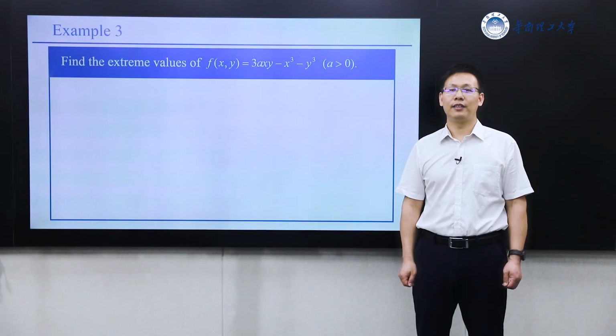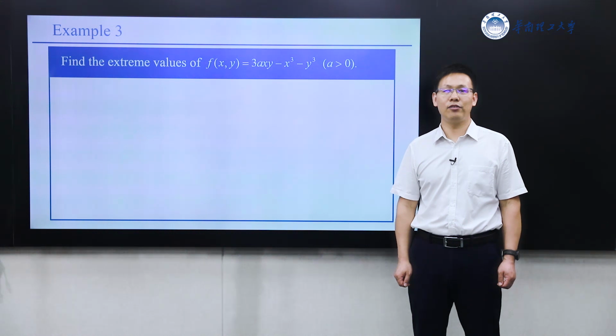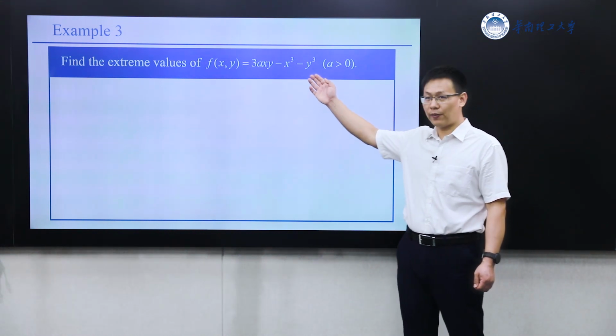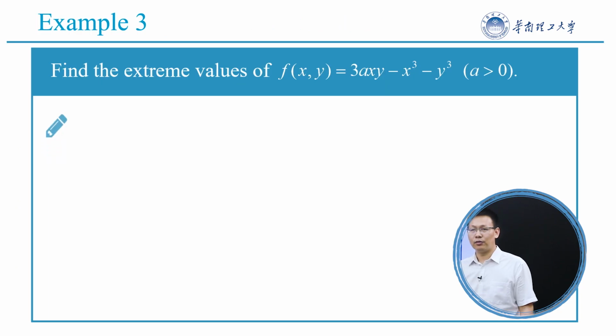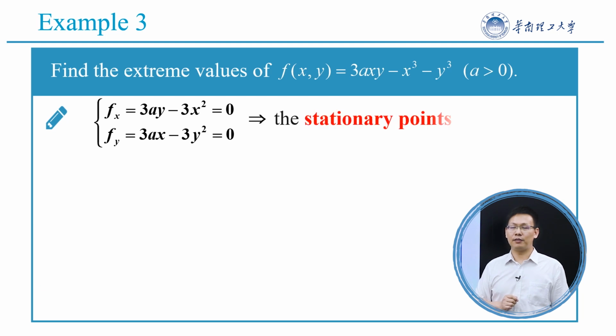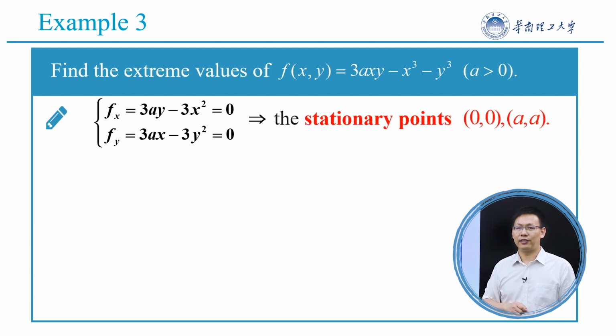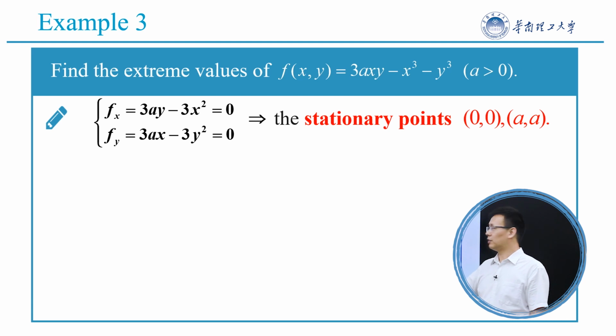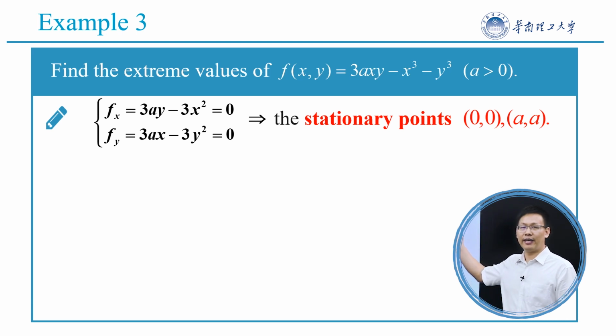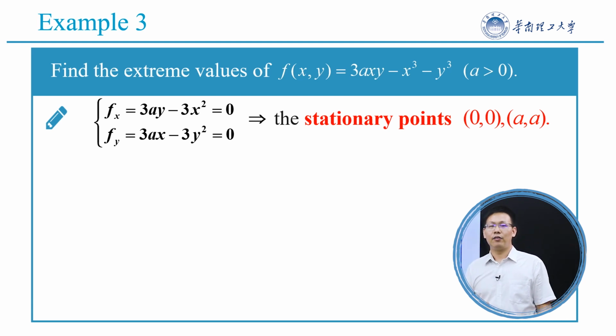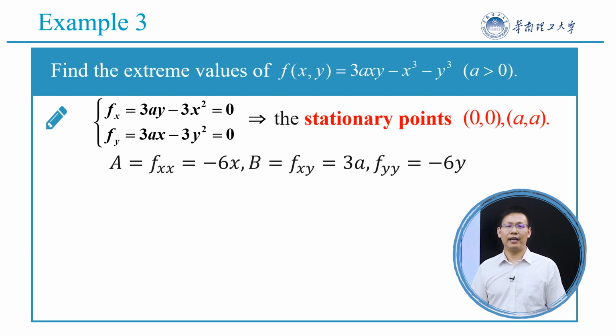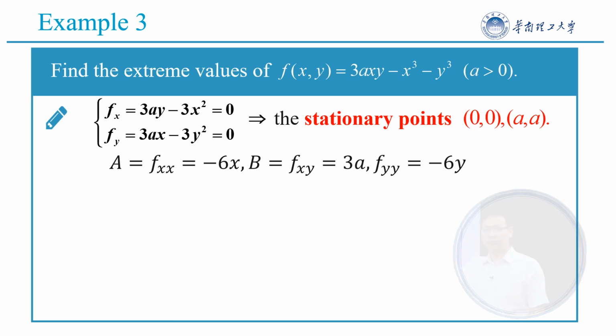Example 3. Find the extreme values of this function. Solution. Let the partials be 0, and we get the stationary points (0, 0) and (a, a). Next, we compute the second-order partials A, B and C as follows.